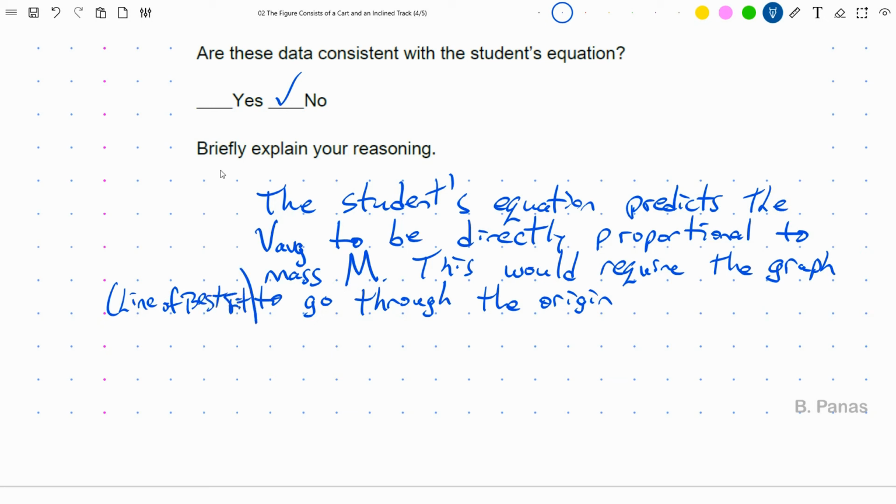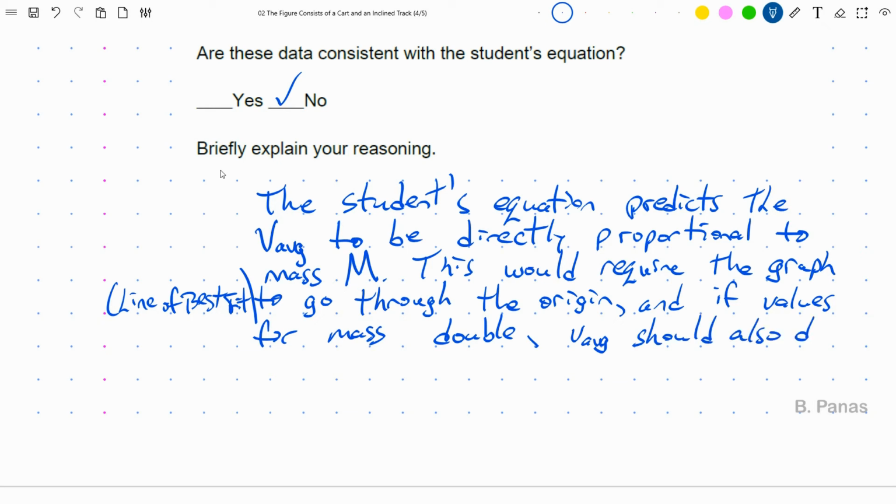Referring to the graph wasn't very precise, so I'll try to get that a little bit tighter in there. The line of best fit should go through the origin, and if the values for mass double, for example, V average should also double.